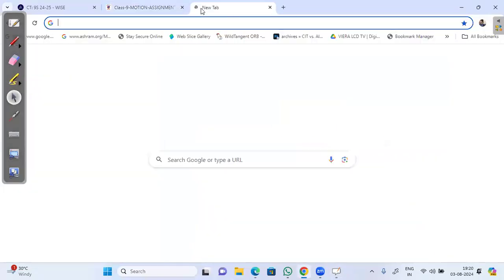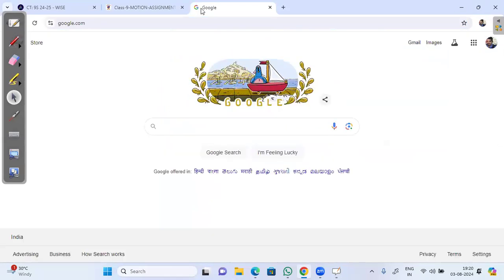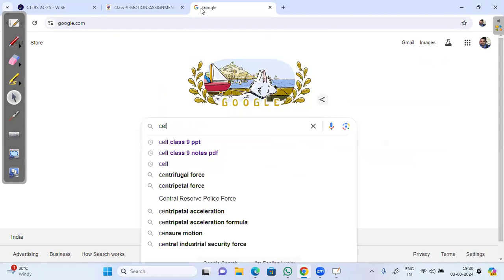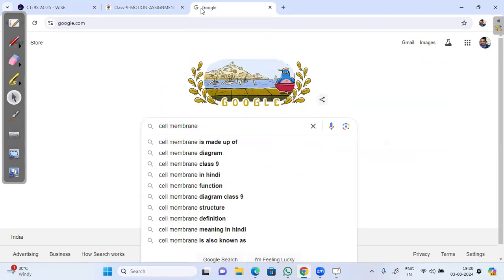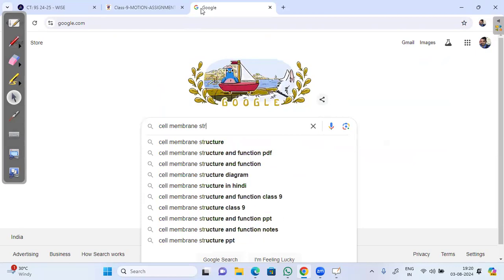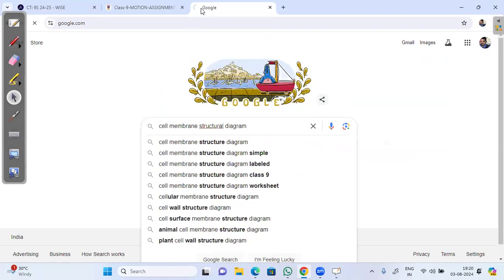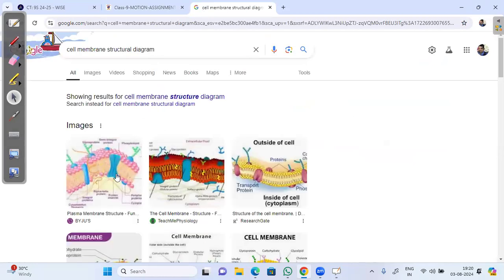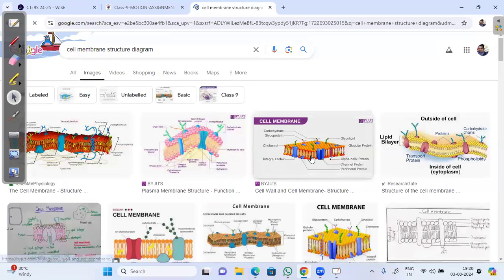Okay, let's see the structure of cell membrane here. See this one.